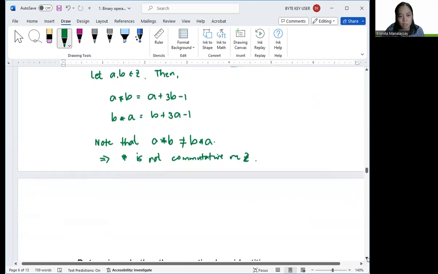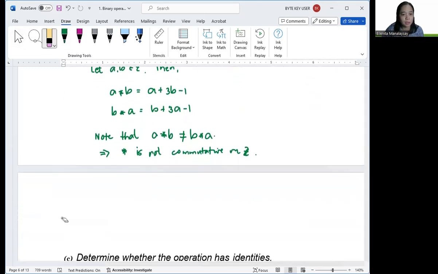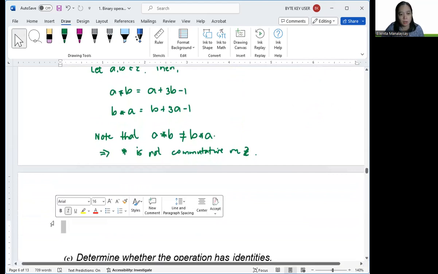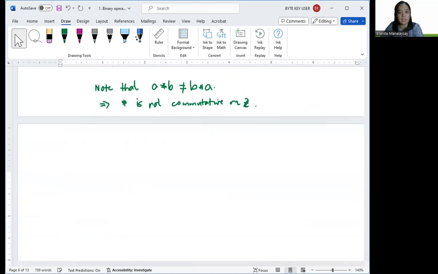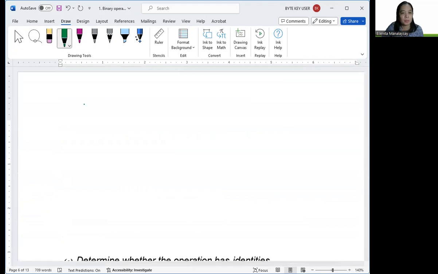How about associative? For associativity, we need to get 3 members. So we will let A, B, and C be in the set of integers.